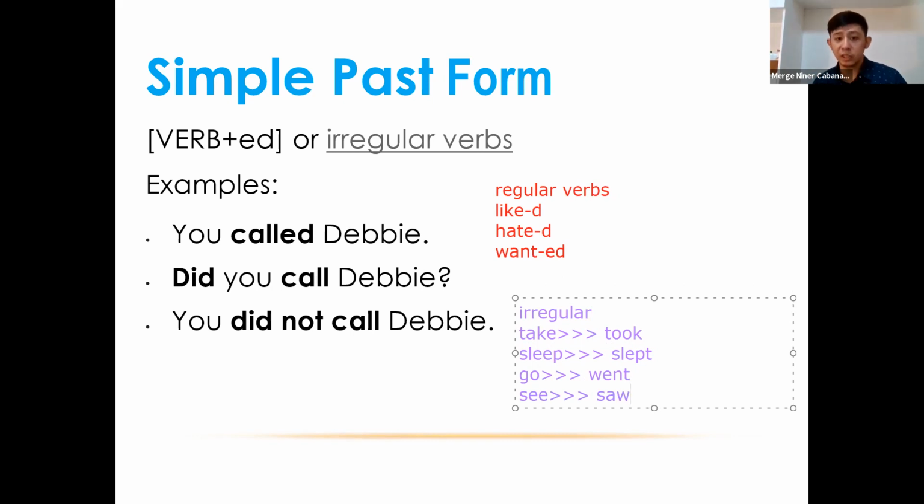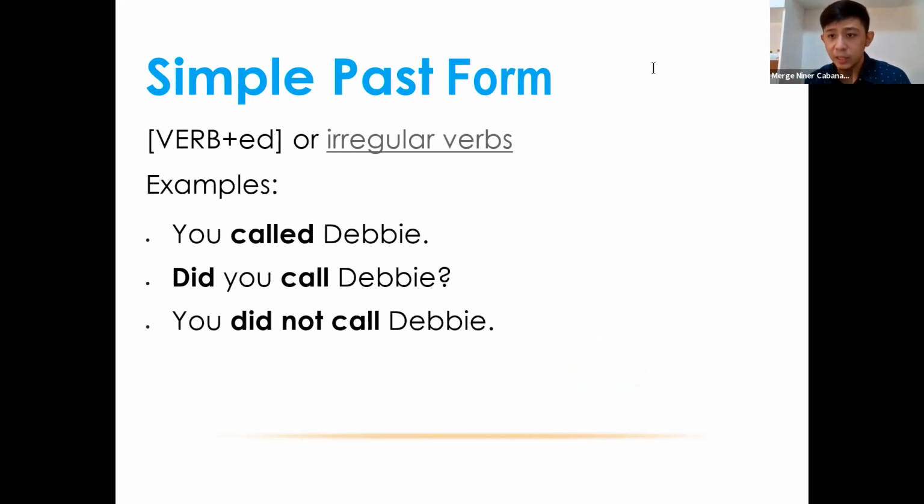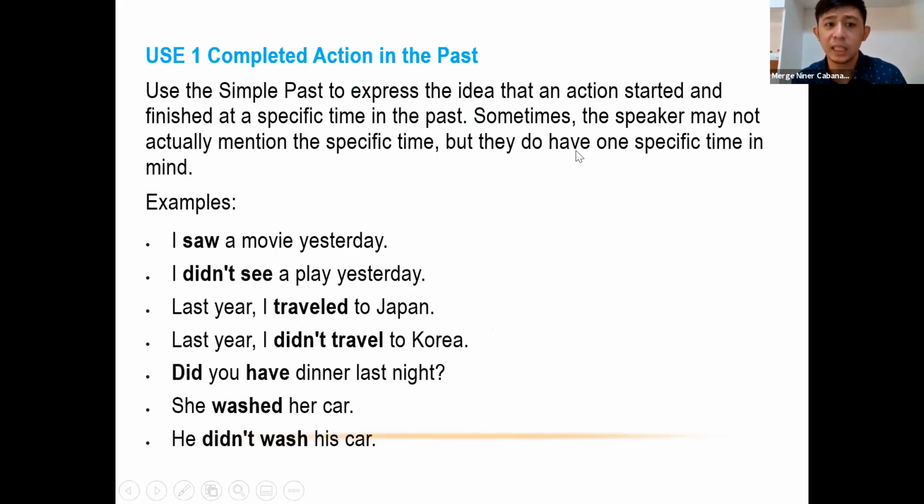So that's your irregular, the difference between them. So it's very simple. You get the subject, you get the verb in its past form, combine them together. There's no need for ing or has been, is, or was, you don't have to do that anymore. That's it for a completed action in the past.